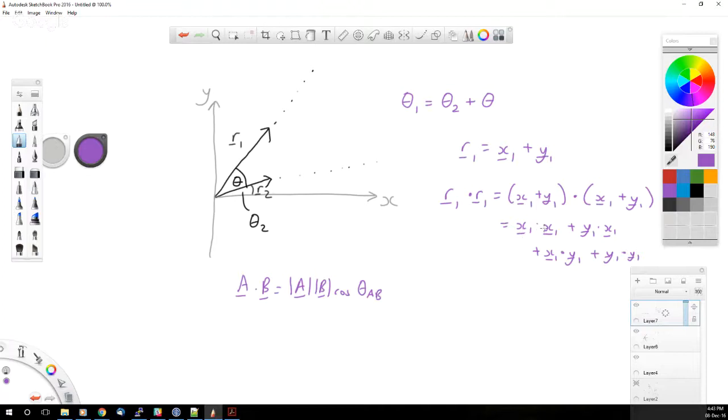If you're dotting something with itself, then obviously theta is 0, cos theta is 1. So x1 dot x1 gives us x1 squared. But when we're dotting these y and x vectors, the angle between them is 90 degrees, which means cos theta is 0. So plus 0 plus 0, y1 squared: x1 squared plus y1 squared.